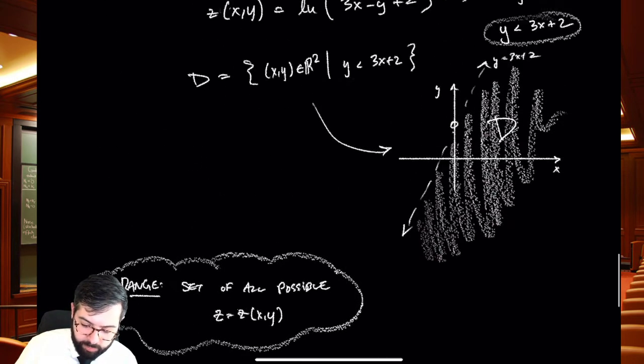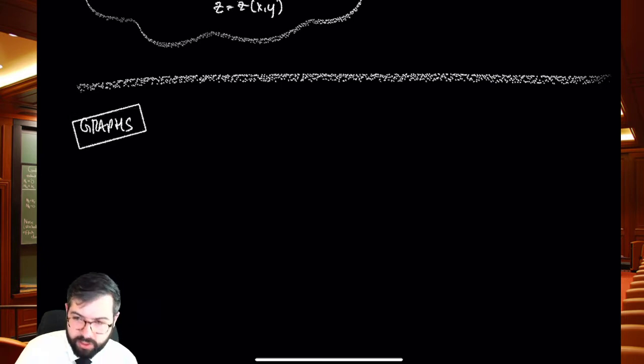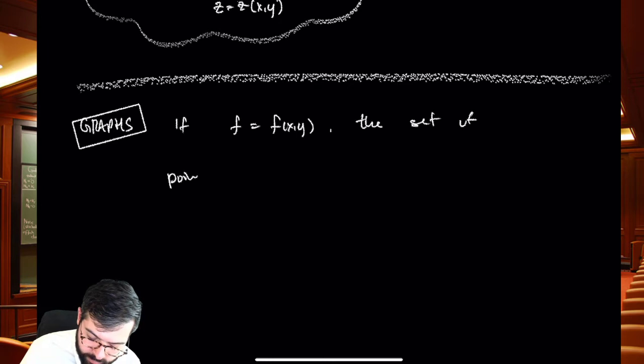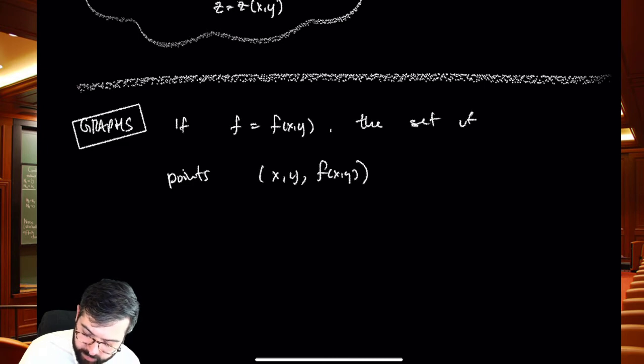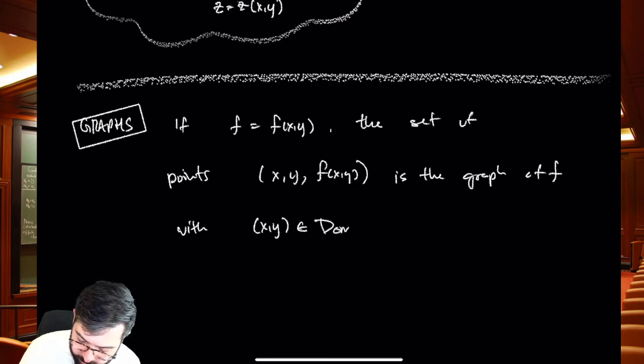So we've played a little bit with the algebra. We looked at the domain and range. Let's take a look at some graphs. I said already that if we've got some function of two variables, the set of points x, y, f of x, y is the graph of f, with all these points x, y in the domain of f.